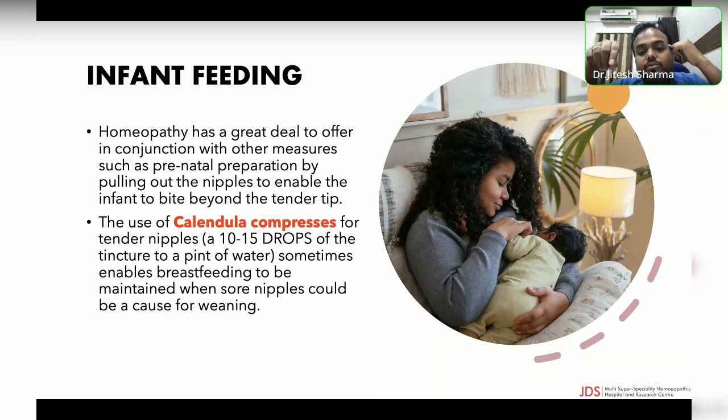And also for this, you can use calendula compresses after you pull out the nipples. You can apply calendula compresses directly on the breast. So the soreness of the nipples can be relieved by calendula compresses.